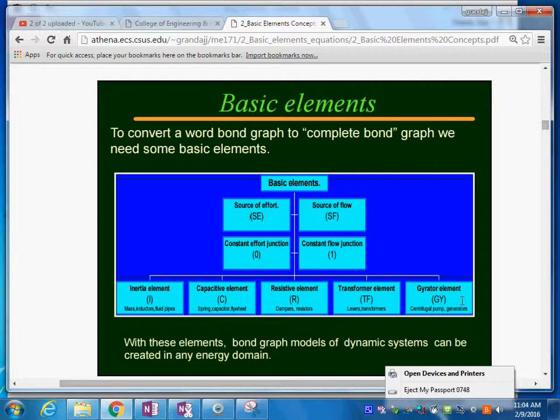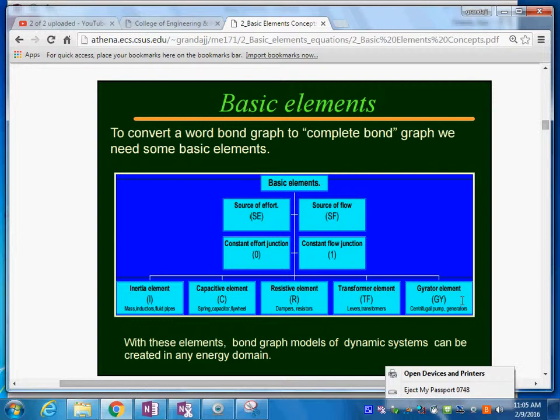A gyrator is also called a cross transformer because it is another conservative element, no dissipation of energy. It conserves energy, it transforms energy, but the only difference between the transformer and the gyrator is that in the case of the gyrator, the variables are crossed.